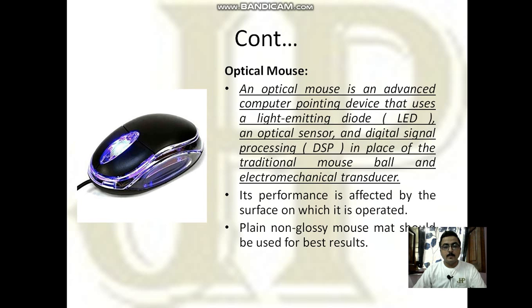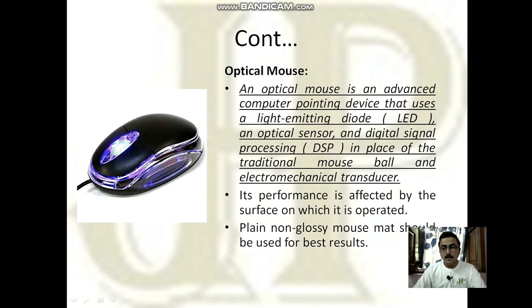The most common and widely used nowadays is the optical mouse. An optical mouse is an advanced computer pointing device that uses a light emitting diode, that is LED, an optical sensor and digital signal processing in place of a traditional mouse ball.